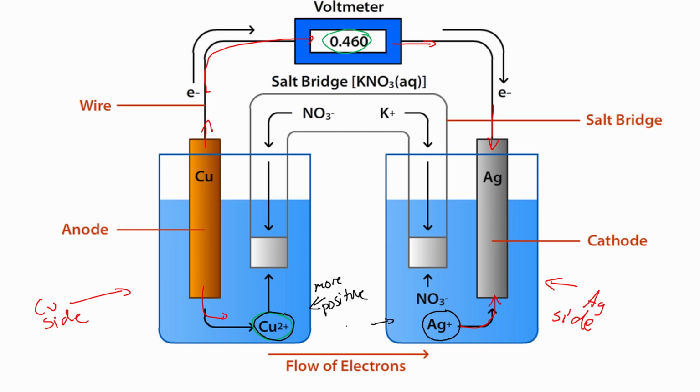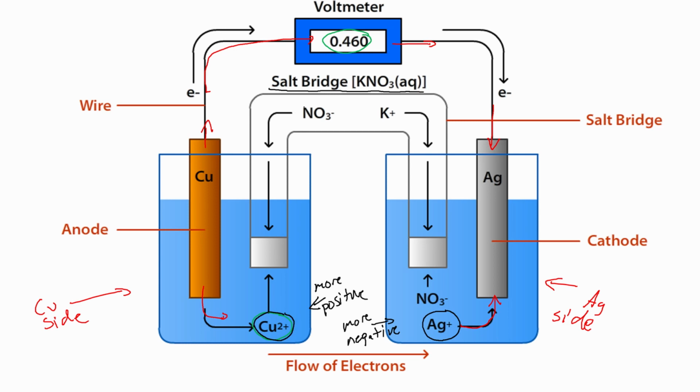And this solution is going to get more negative as this cell runs. And so in order for this cell to continue running and balance its charge, we need what we call a salt bridge. The salt bridge helps to balance out the charge as the cell runs.